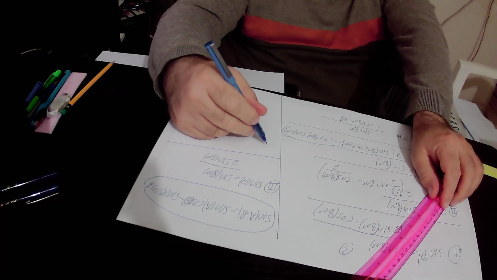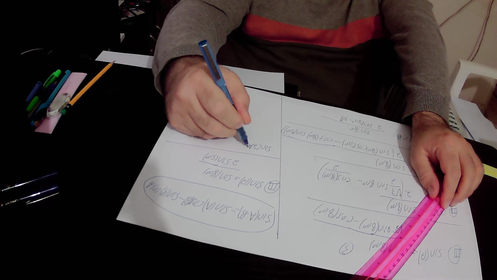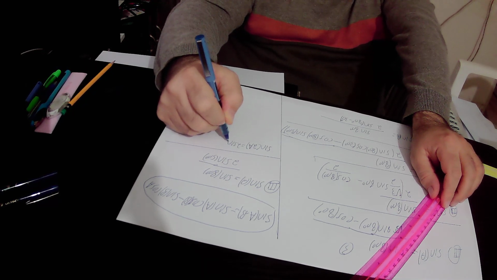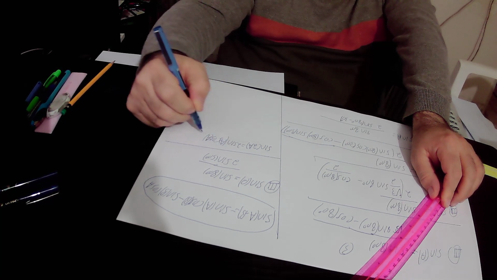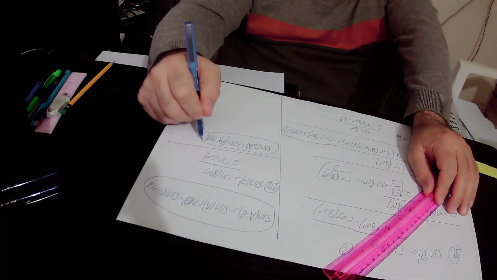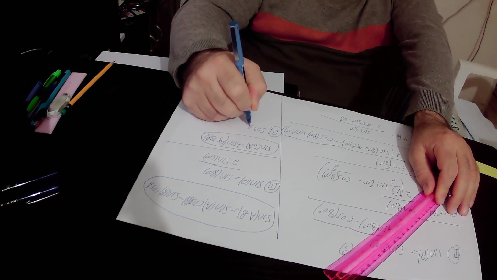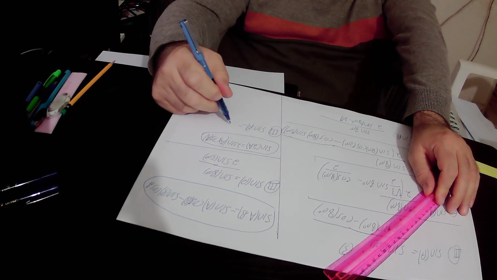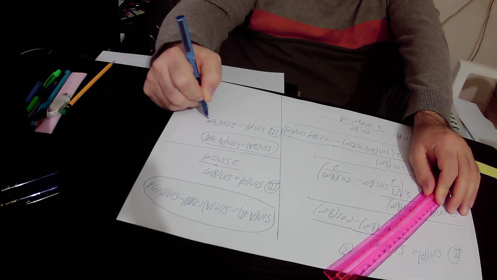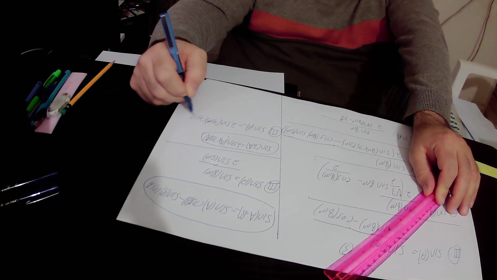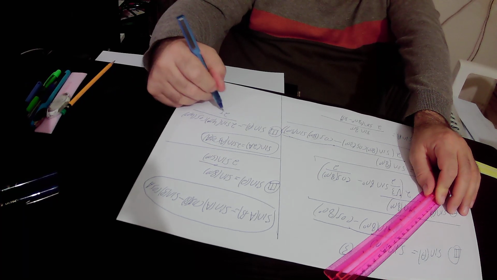Here we will use the trigonometric identity that states that sine 2A equals 2 sine A cosine A. According to this trigonometric identity, we will get that sine 80 degrees equals 2 sine 40 degrees cosine 40 degrees over 2 sine 50 degrees.